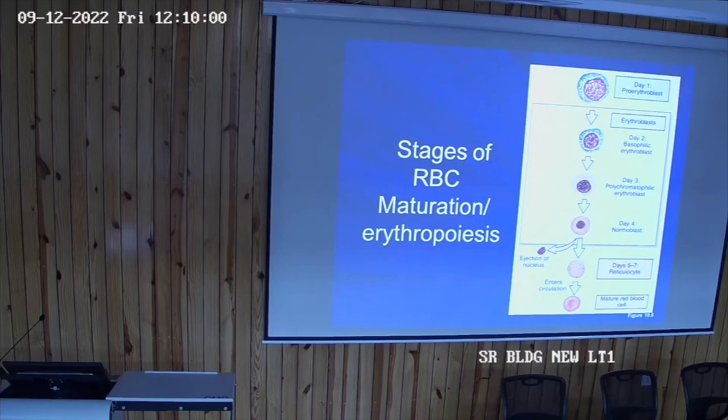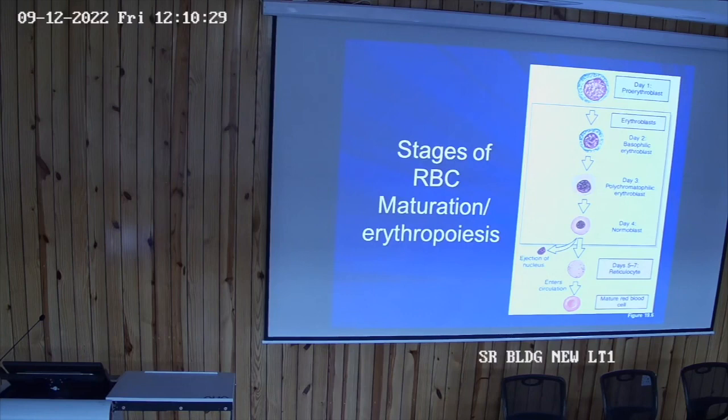Okay. After this, what will happen? Continuous mitotic division is taking place. Till what stage? Till the intermediate stage, or the polychromatophilic erythroblast, the mitotic division continues. After the polychromatophilic erythroblast stage, the mitotic division ceases and now the maturation takes place.